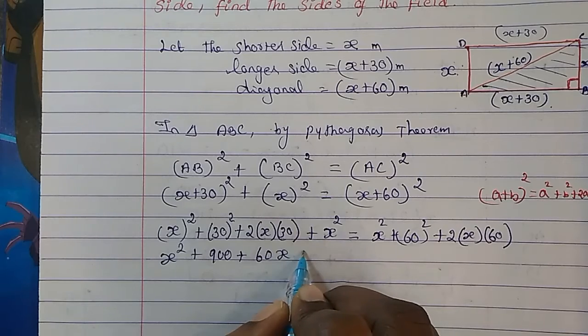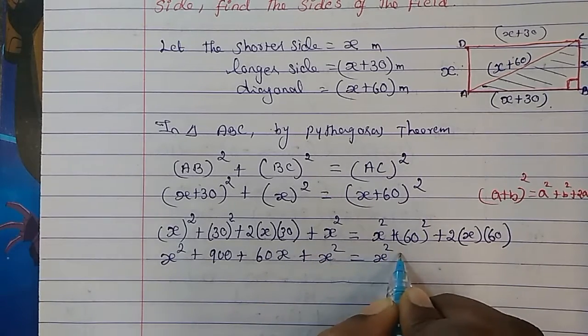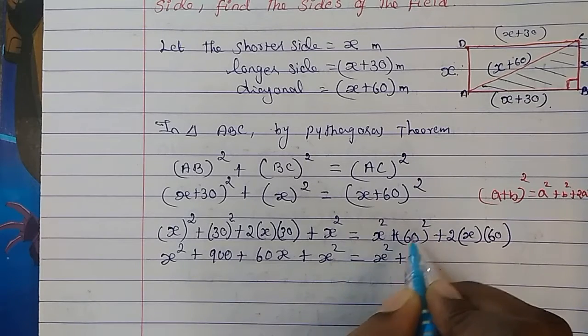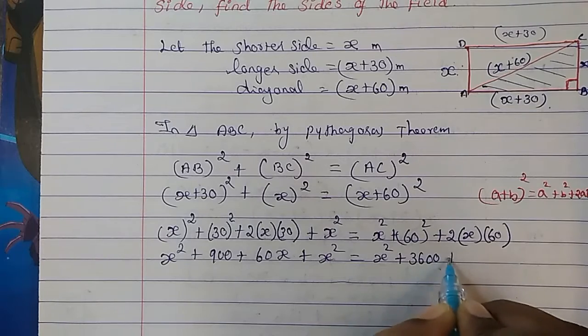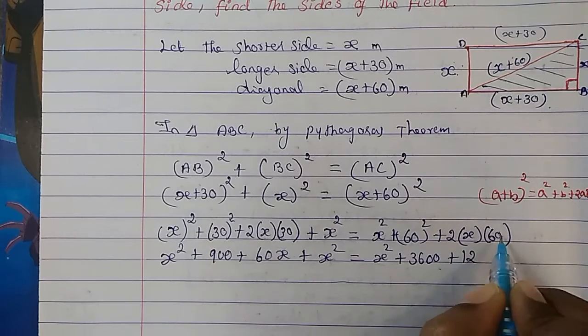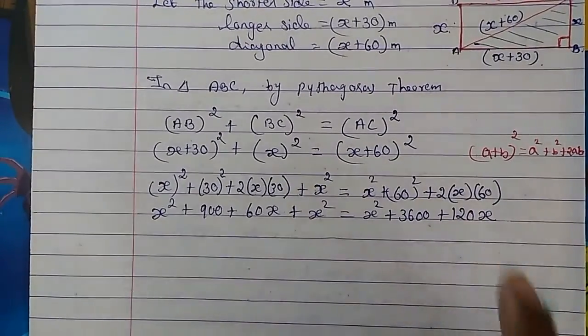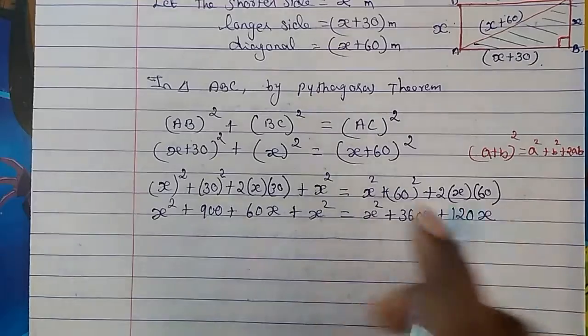Then this x square as it is. Then 6 square is 36, and 0 square 2 zeros. Then 2 times 6 is 12, 0 is here, and this x is here. Otherwise you can directly multiply and see.